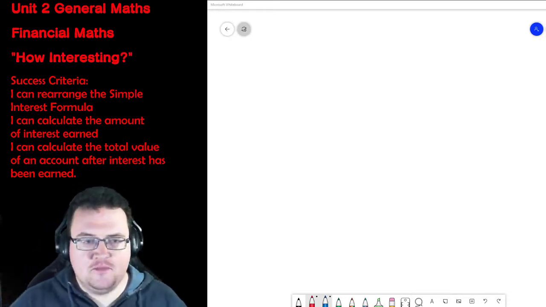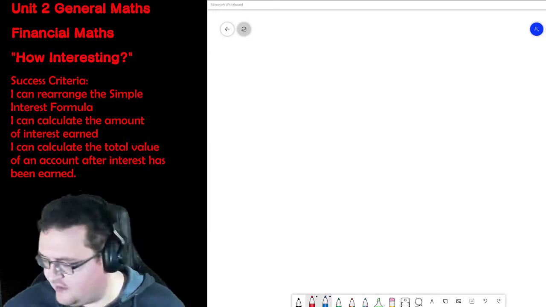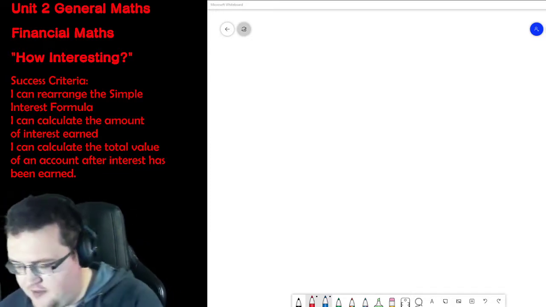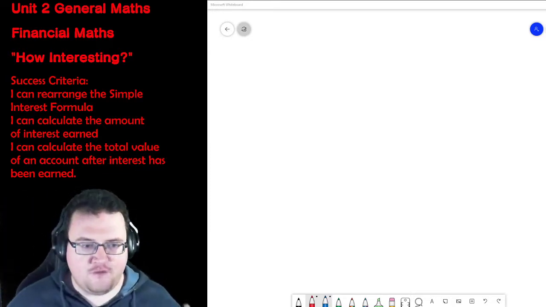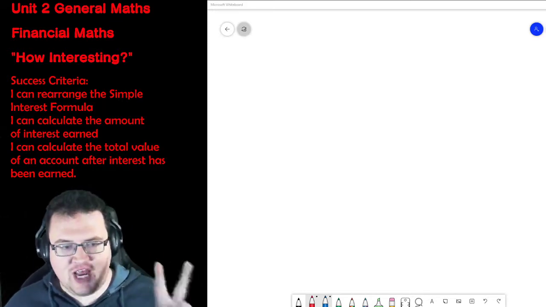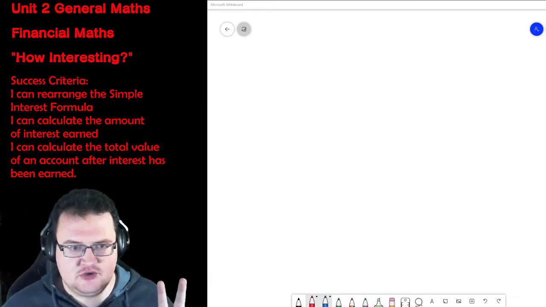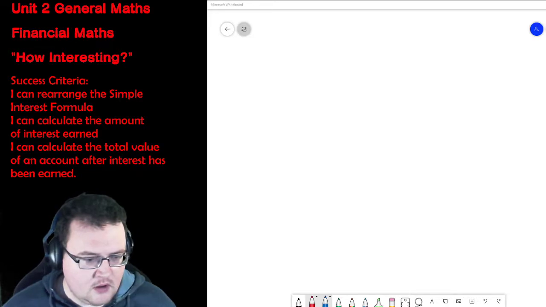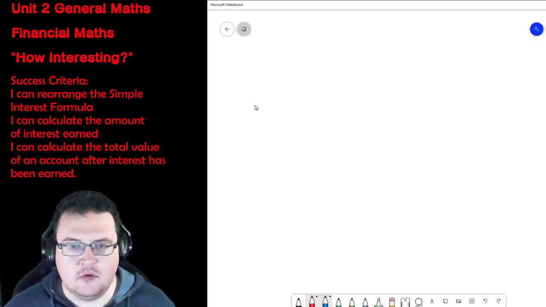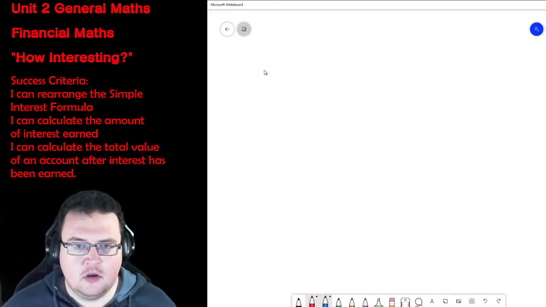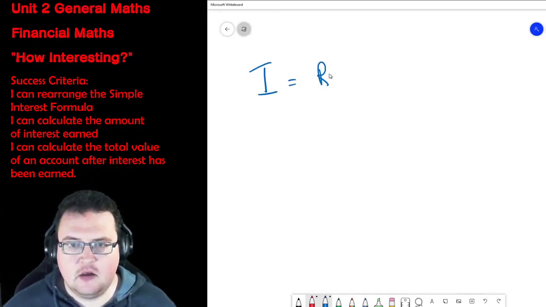All right, so what I'm going to have on the whiteboard here is the formulas. There are two formulas that you need for simple interest. Those are I equals PRT divided by 100.